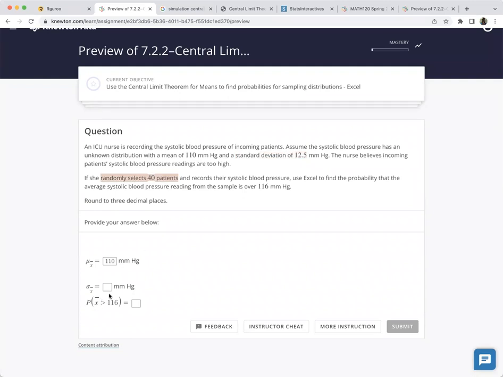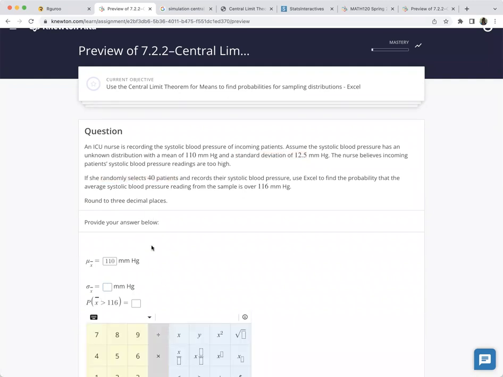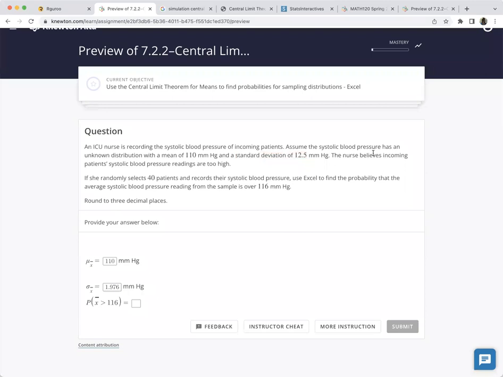And that gives me, we need 3 decimal places, 1.976. Again, this 1.976 is the standard deviation of the population over the square root of the sample size.